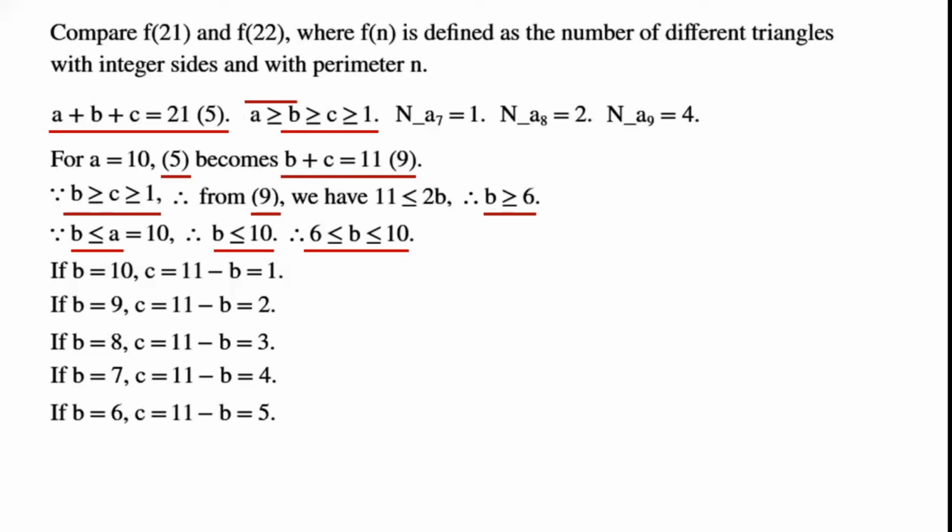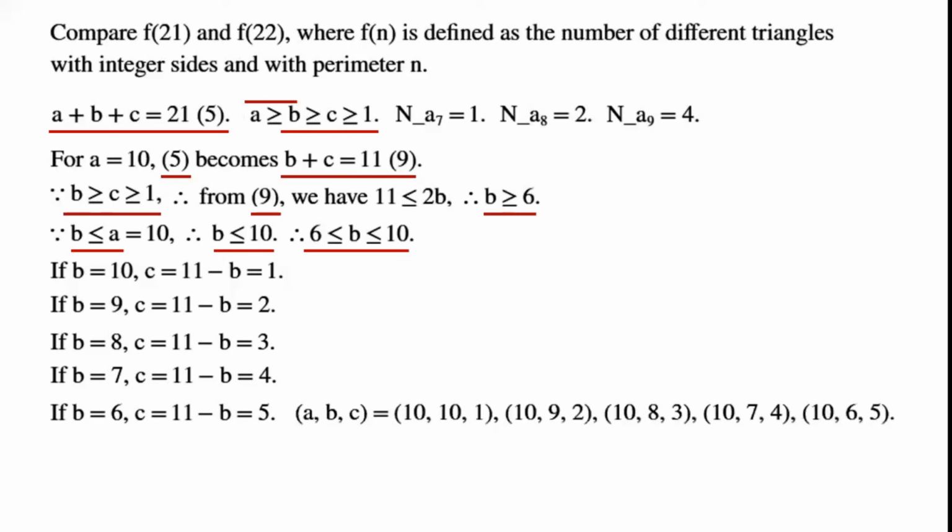If b = 6, c = 5. (a, b, c) = (10, 10, 1), (10, 9, 2), (10, 8, 3), (10, 7, 4), (10, 6, 5).